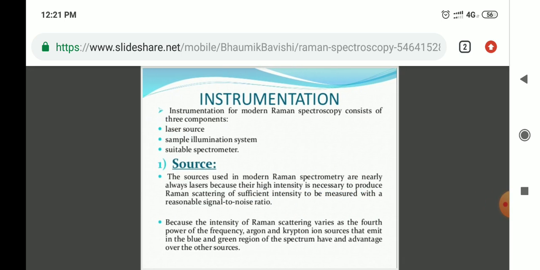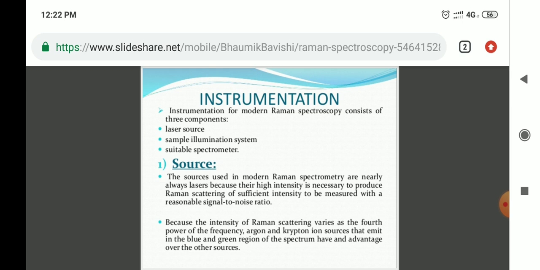The instrumentation for modern Raman spectroscopy consists of three components. First is the laser source, second is the sample illumination system, and third is a suitable spectrometer. First, the source. The sources used in modern Raman spectroscopy are nearly always lasers because their high intensity is necessary to produce Raman scattering of sufficient intensity to be measured with a reasonable signal to noise ratio.